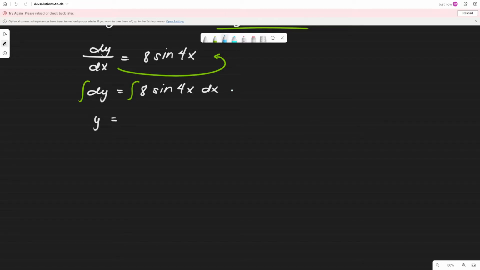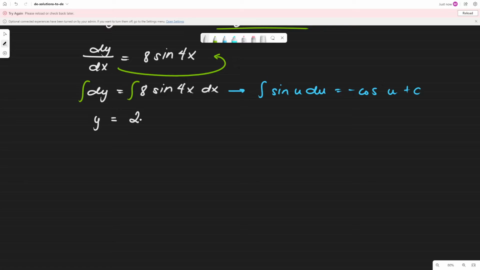So, we will use the form, integral ng sine u du. Diba? So, we will get negative cosine u plus c. So, our u here is 4x, the differential of 4x is 4 dx. So, we have 8 here, and the factor of 8 is 4 and 2, so we can get the 4 and leave the 2. So, we will have 2 multiplied to the integral of 4 sine 4x dx.